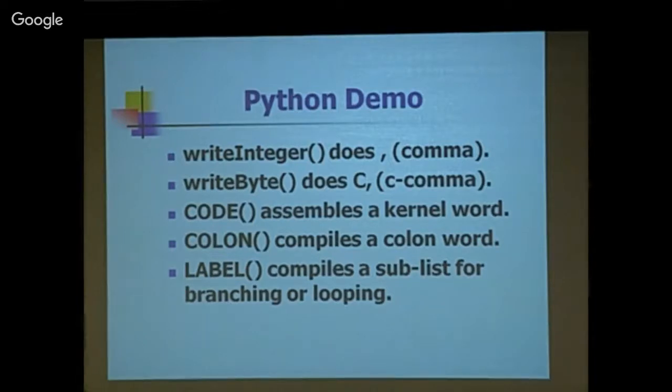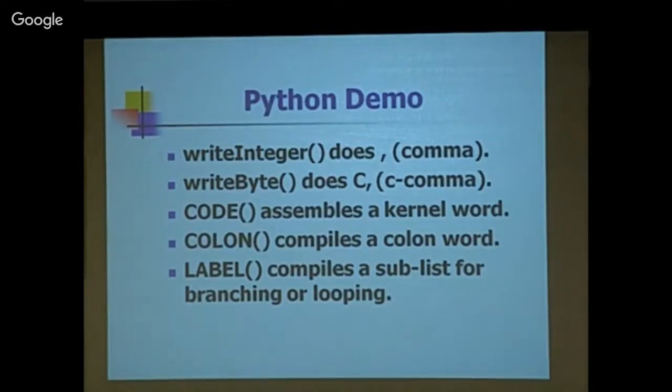So the label knows where that list of words starts, and this is the location you branch to when you want to do a branch. So you compile a branch instruction and invoke that address, and you will compile the branch with the correct address.